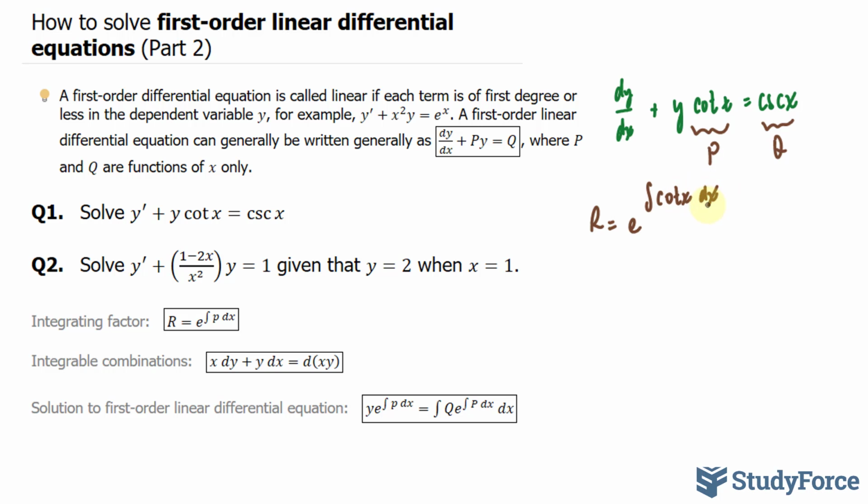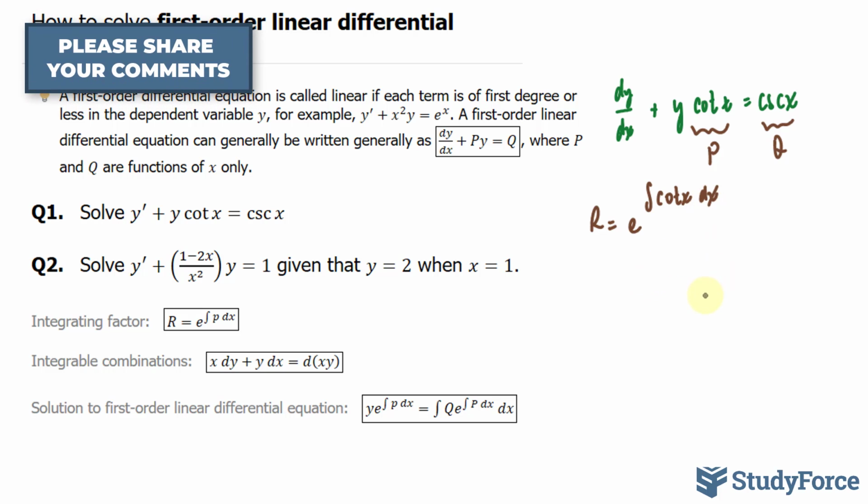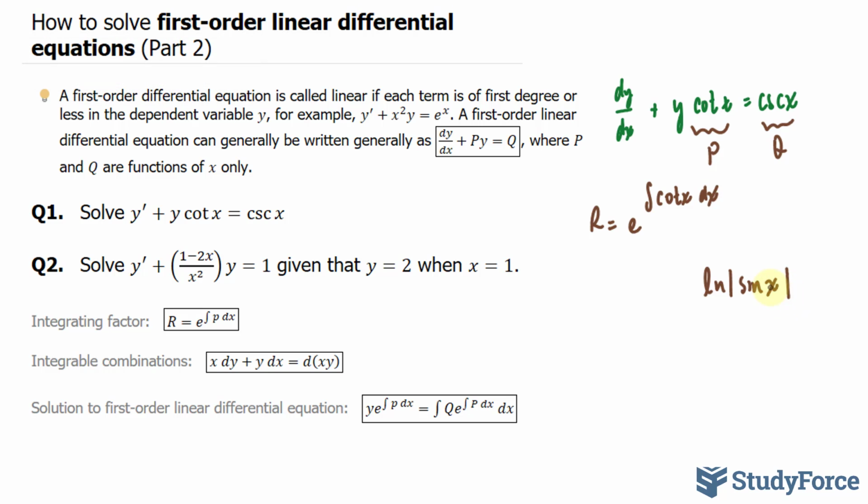Now we have to find the integral of cotangent x dx, and that is a common integral. In fact, it is equal to ln absolute of sine x. The proof won't be shown in this video, but you can always try to integrate it on your own. Now, if the integral of cotangent x is equal to that, and we raise ln absolute of sine x to the base e, we have e to the power of ln.